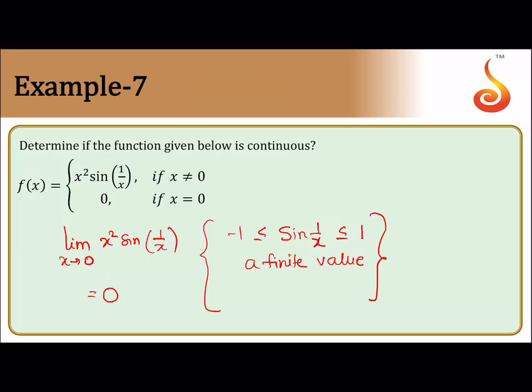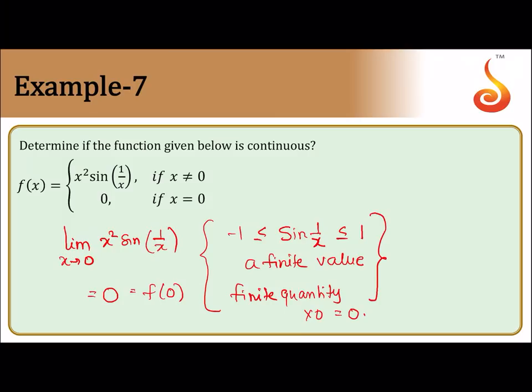Don't write sin 1 by x as 1 by x. Wrong. Sin 1 by x is always a finite quantity. Finite quantity into x square, with x tending to 0, is always 0. The value of the function is given to you. This is equal to f of 0. So function is continuous. Why? I repeat once again, sin 1 by x is always a finite quantity.